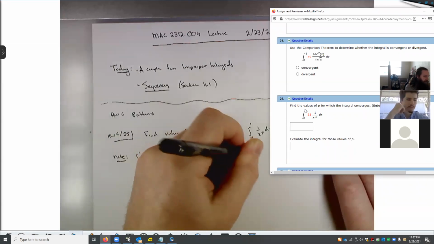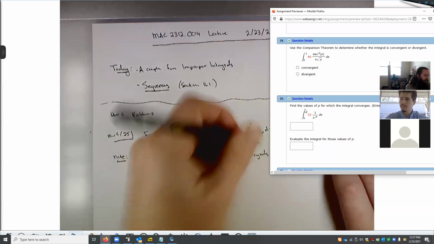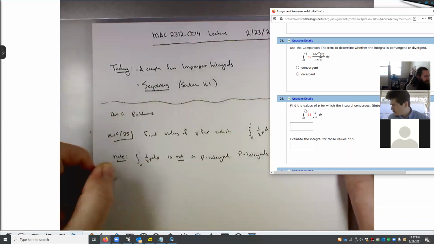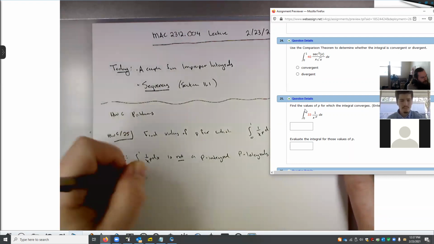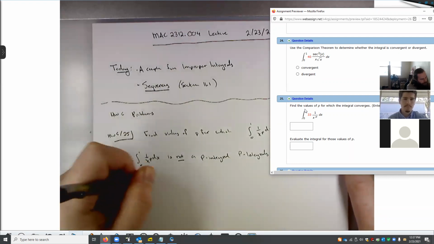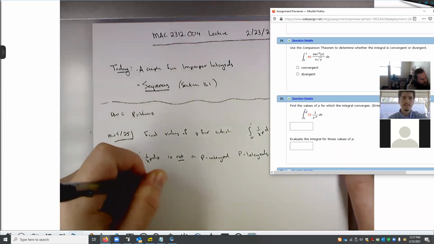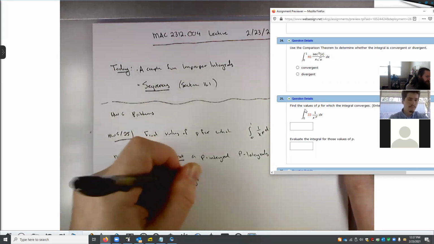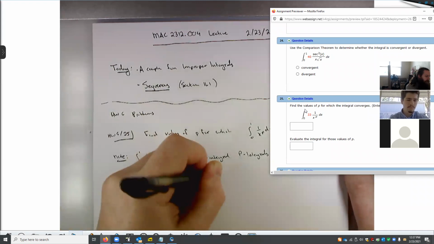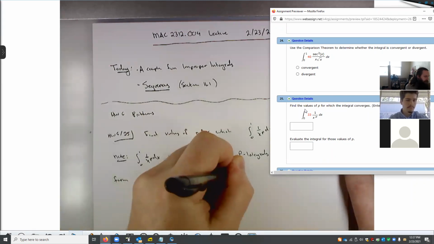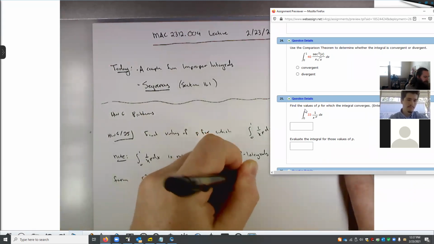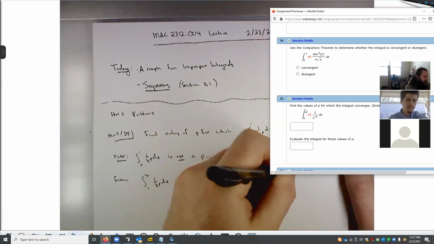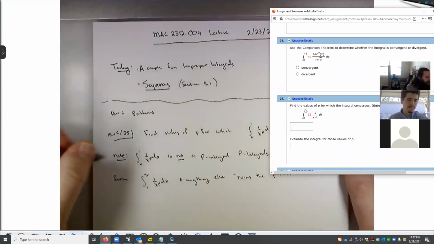P integrals are of the form integral from 1 to infinity of 1 over x to the p dx. And anything else ruins the p-ness.